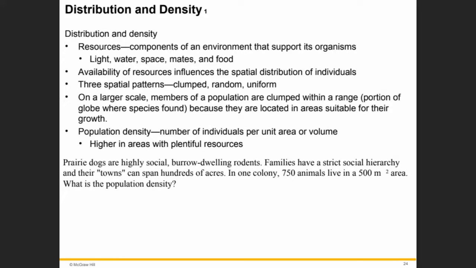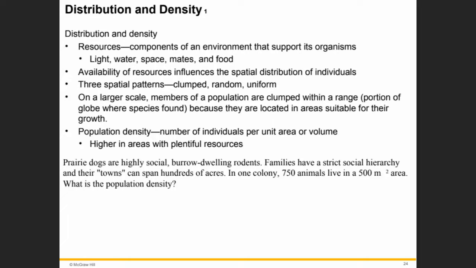The light, the water, the space, the food, they are resources. They are components of an environment that support each living thing. The availability of those resources actually influences the spatial distribution of those individuals.